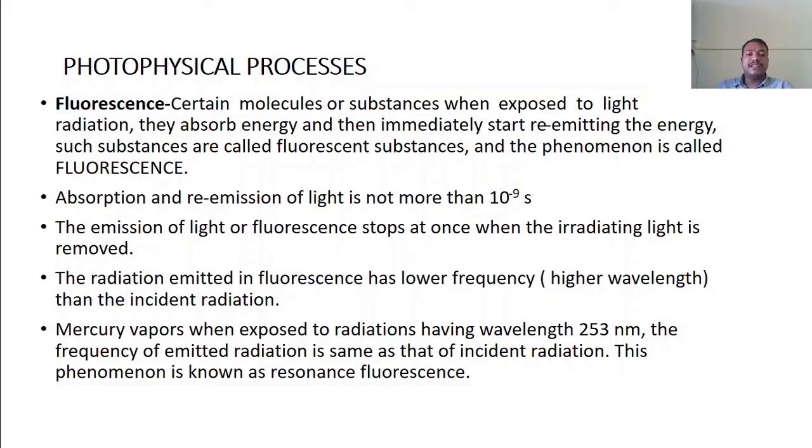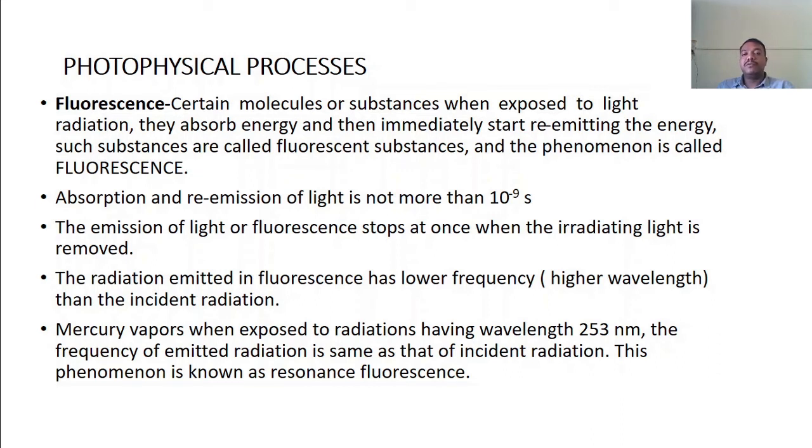As I explained earlier, in fluorescence there is absorption of light by the molecule and re-emission of light as radiation. During this re-emission, if the re-emitted radiation has the same wavelength as the incident radiation, the phenomenon is called resonance fluorescence.